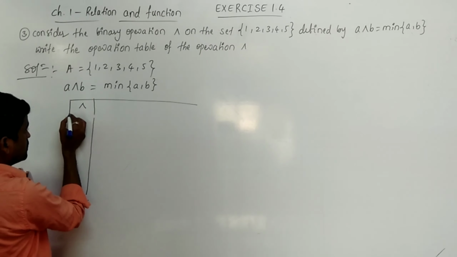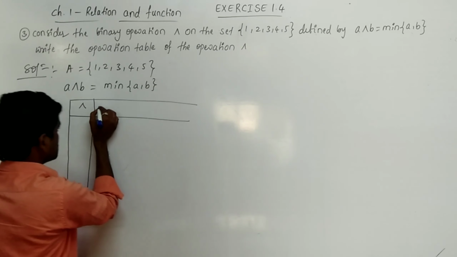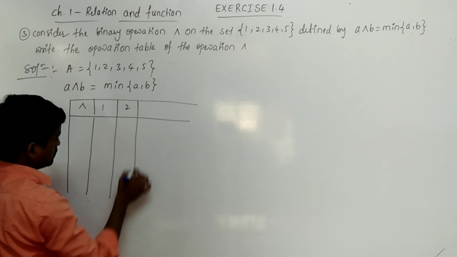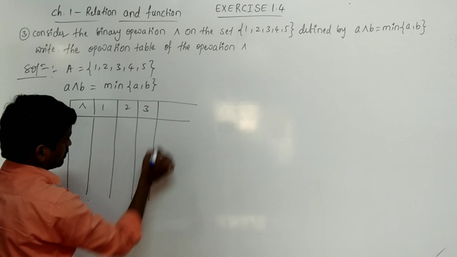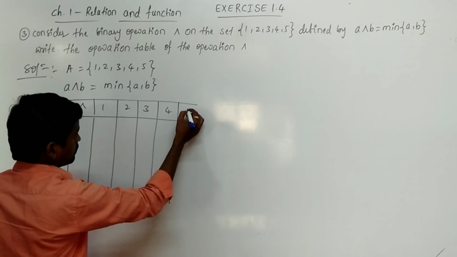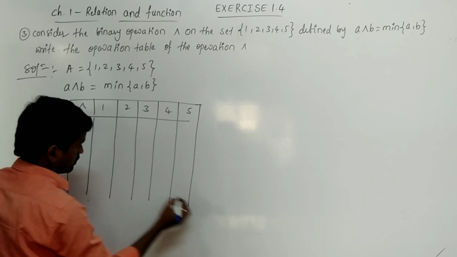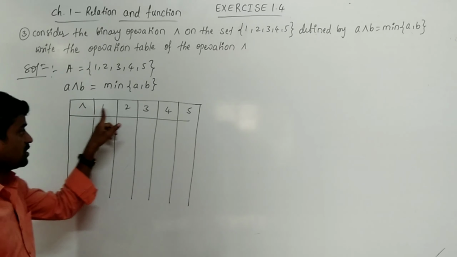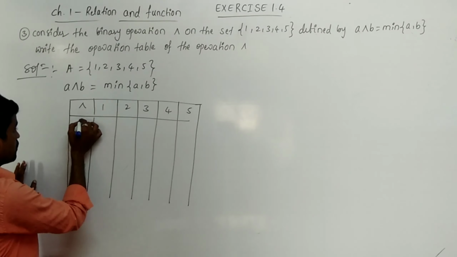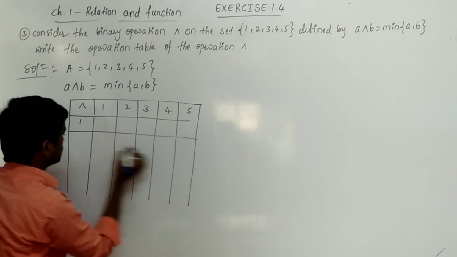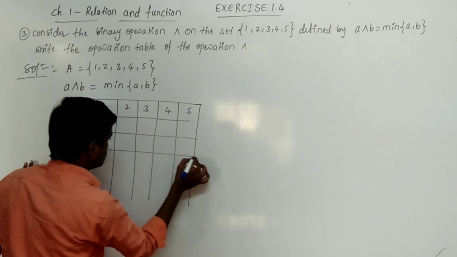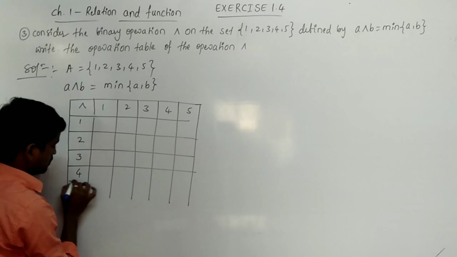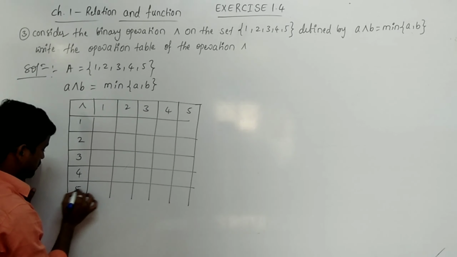The operation, this symbol, elements are 1, 2, 3, 4, 5. These elements are A, these are B: 1, 2, 3, 4, 5.